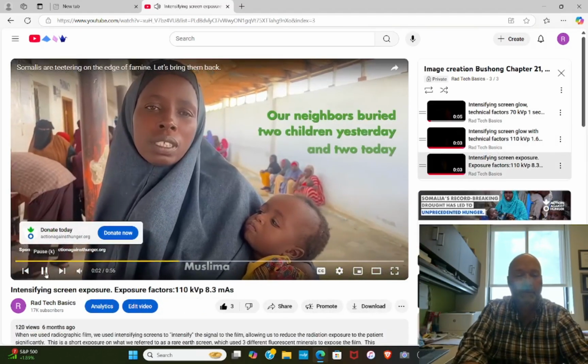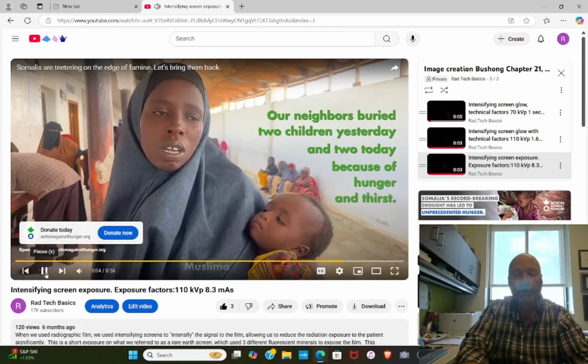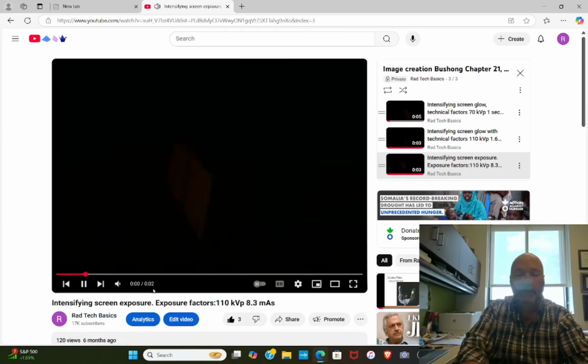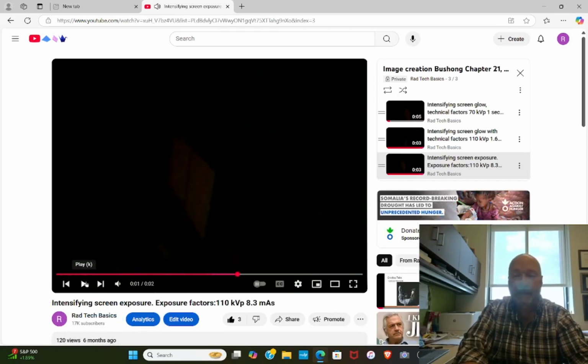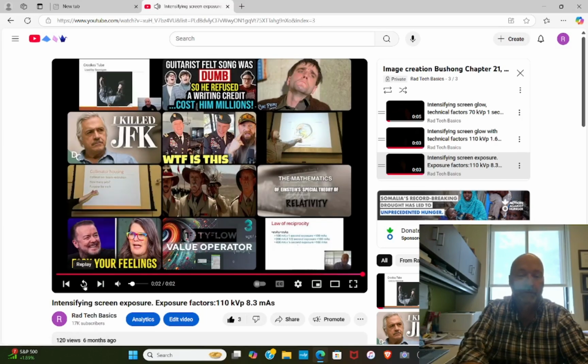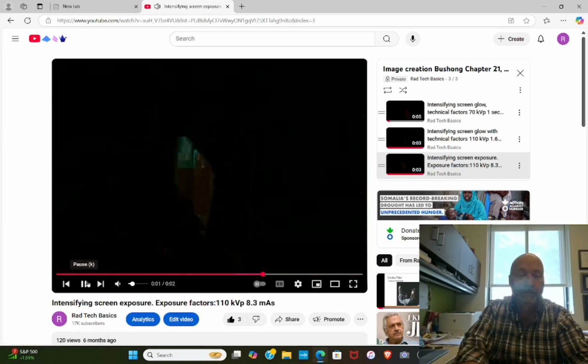That would be something that we would want to use for pediatric patients. And this last one is for a higher kVp, a higher mass value, and the glow is really pretty bright on this one. You see it there. So playing it one more time. It's still a short exposure, so it's kind of hard to stop on it.